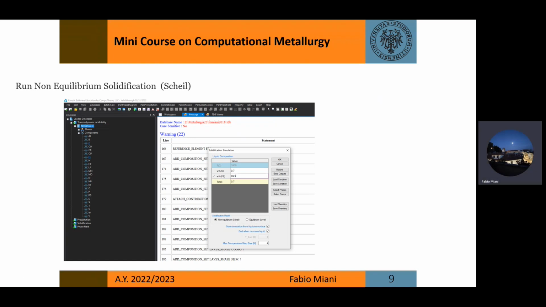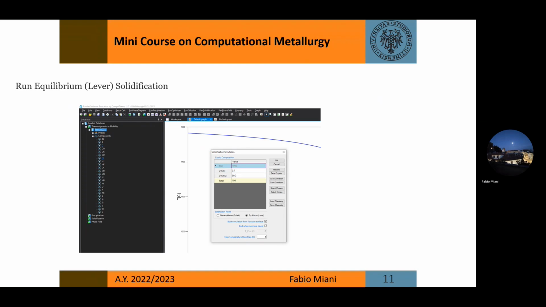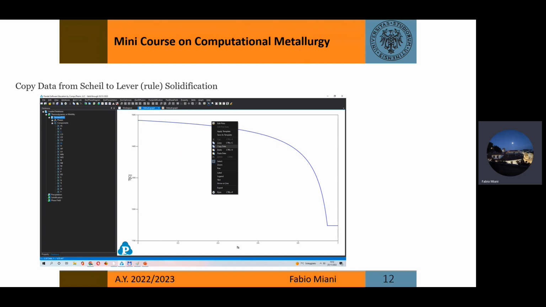Here we have selected non-equilibrium, but it is just a matter of choice. And then we will run this value of carbon content, 0.7, which corresponds to a 1070 steel. Of course, as you can see, you can reproduce non-equilibrium or equilibrium, just a matter of choice.